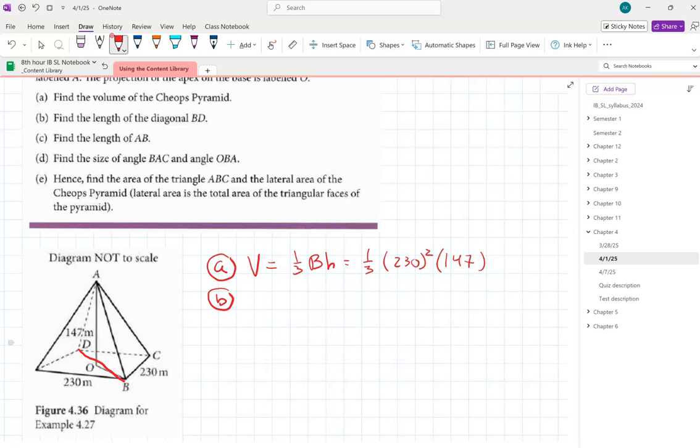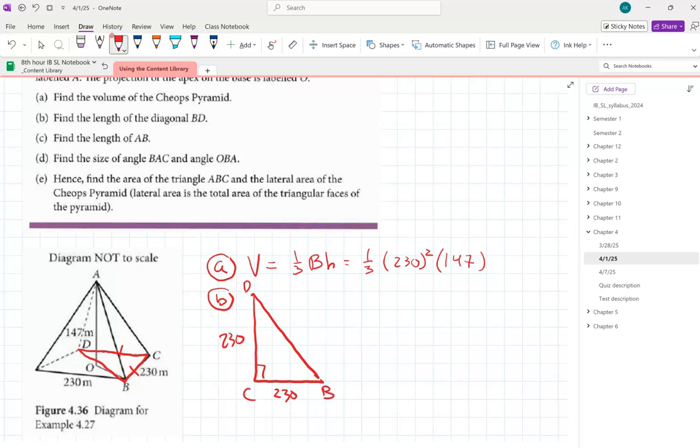Find the length of the diagonal BD. So BD is this line here. To do that, I'm going to use that triangle as a calculation triangle. Since I know the pyramid is a square pyramid, I know both those sides are the same length. So to find CD, I'm sorry, those are in the wrong spot.